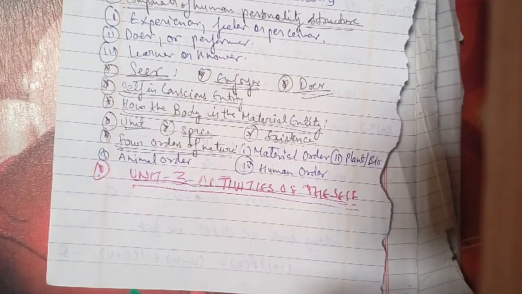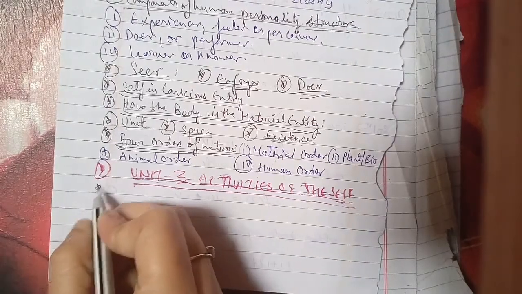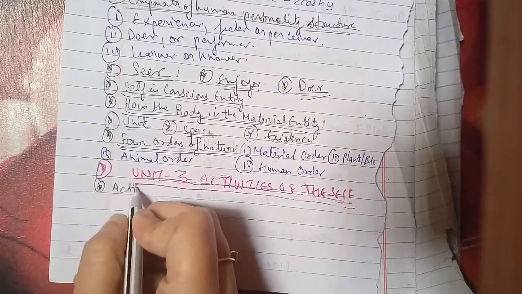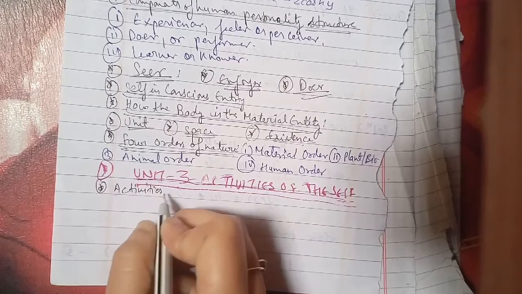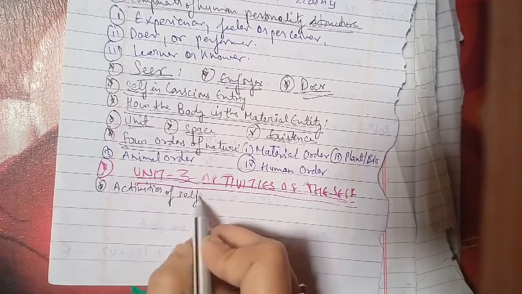The question that can arise here is: what are the activities of the self or I? That is of course the unit name, as you can see here. So we'll go ahead with what are the activities of the self or I.